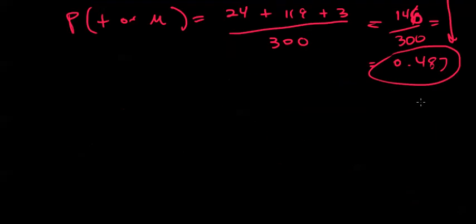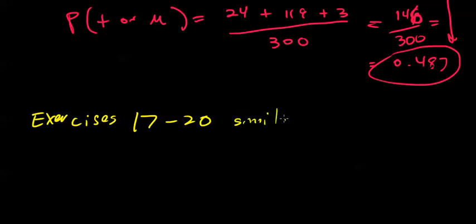Alright, one note before we call it a day is that exercises 17 through 20 are similar to exercises 33 through 38, but they refer to a different table. They refer to table 4-1.